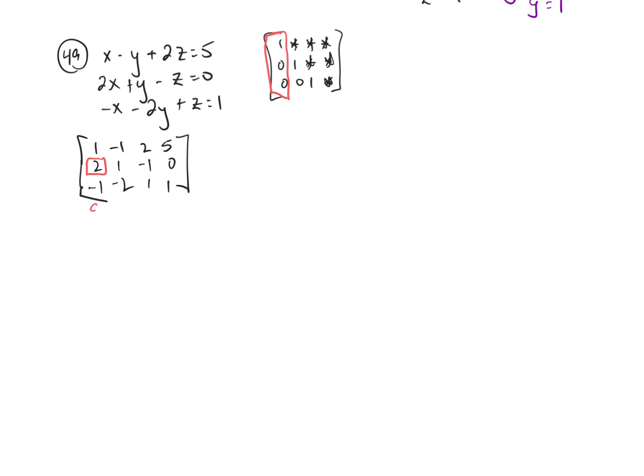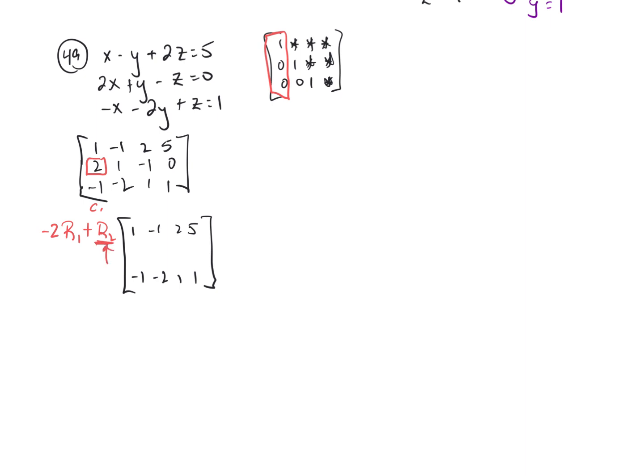Since my 2 is in column 1, I'm going to multiply row 1 by the opposite, which is -2, and add that to row 2. Now, row 1 is not changing. 1, -1, 2, 5. Row 3 is not changing. What is changing is the second thing that is mentioned.